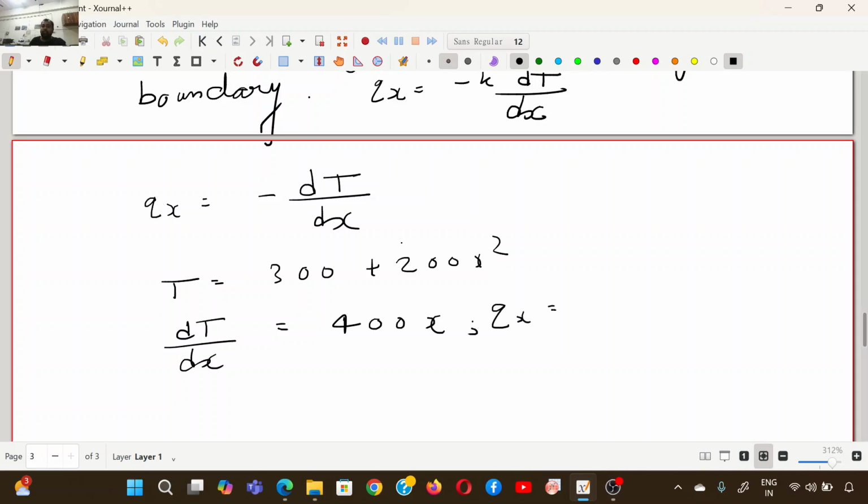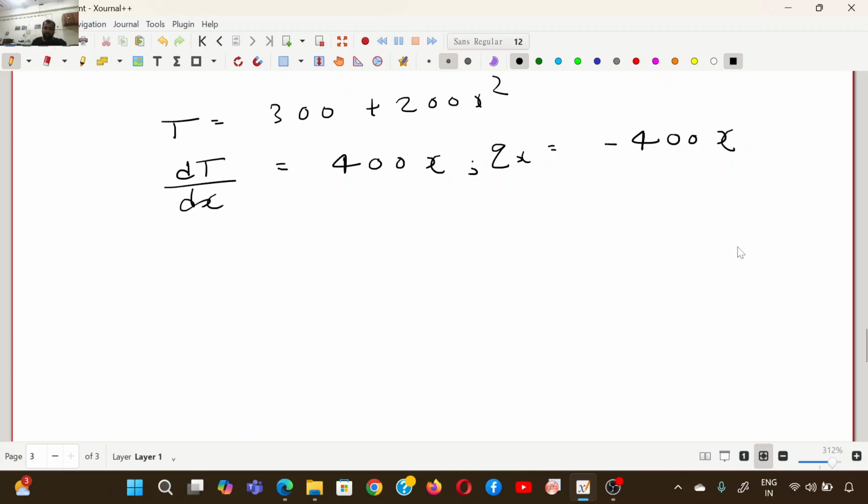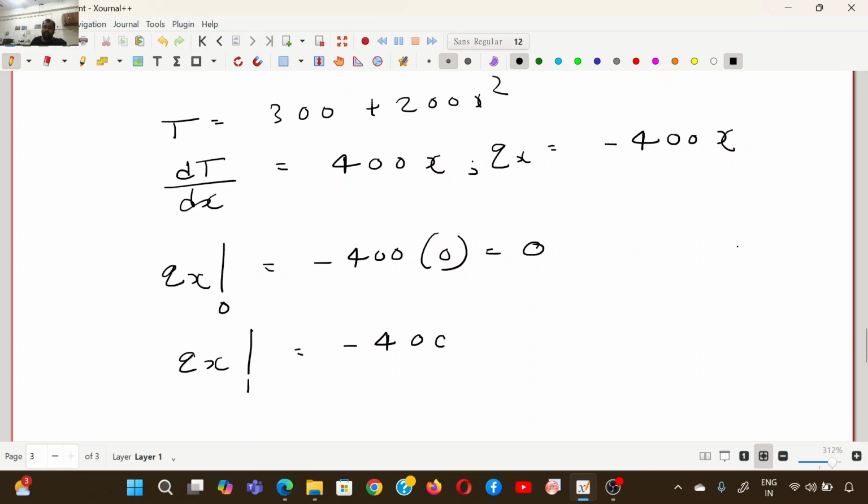So qx is equal to minus 400x. At the two walls, at x equal to 0 it is minus 400 into 0, which is 0. At x equal to 1, it is minus 400.